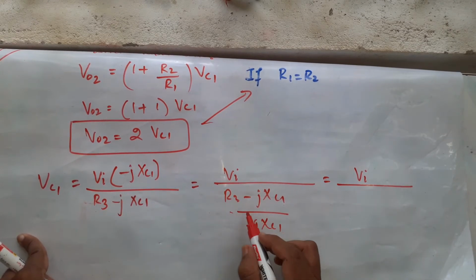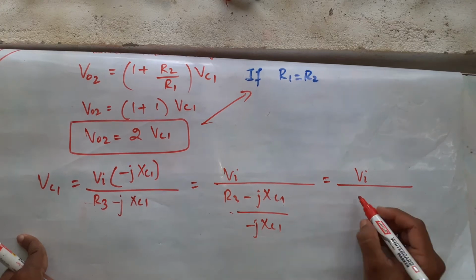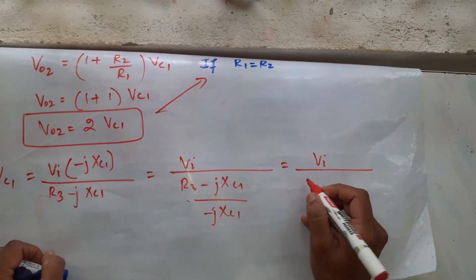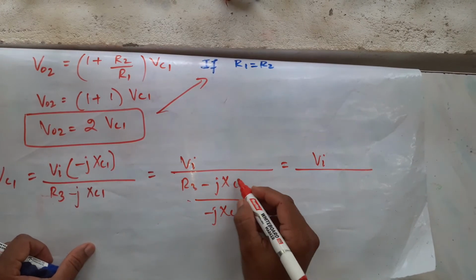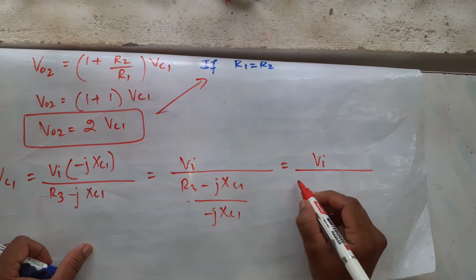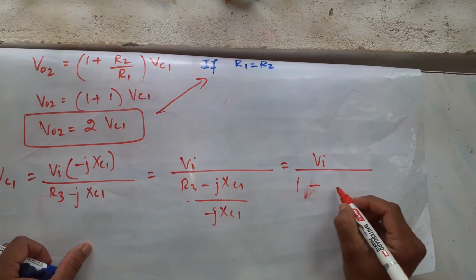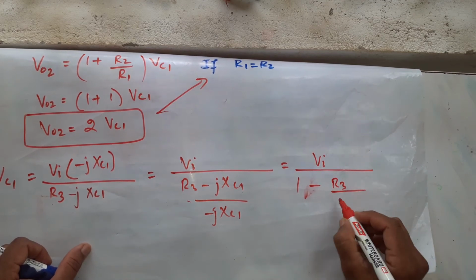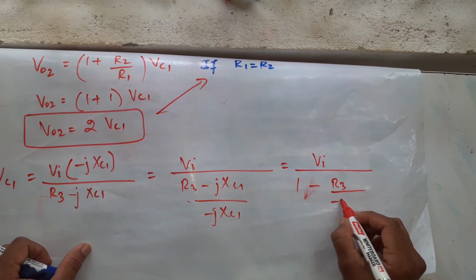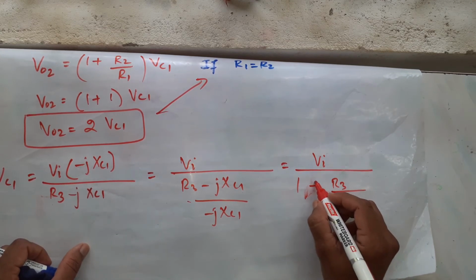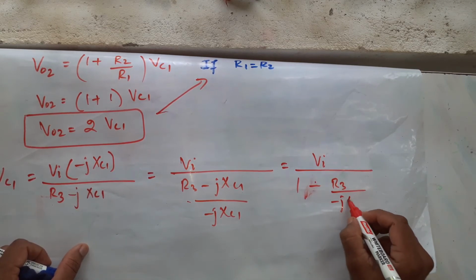so if I separate this R3 by minus jXC, yeah, this and this cancel each other, right? So this becomes 1 plus 1 minus R3 divided by minus jXC1.